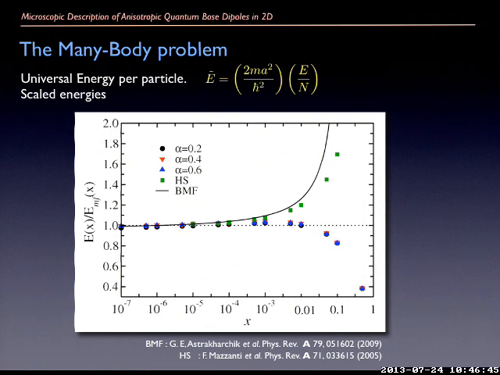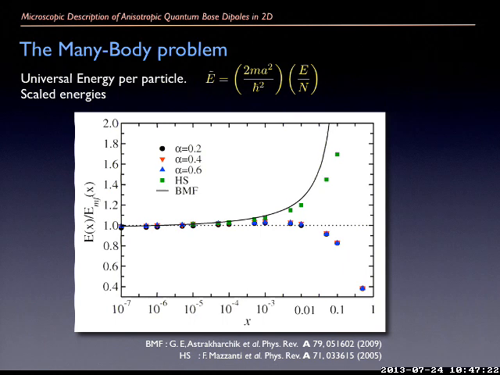This is the result for the equation of state of the system, where I plot the energy of the system divided by the mean field solution, 4 pi x over log x, for different values of polarization angle, and compare it to the equation of state that incorporates beyond mean field effects, which has been obtained by essentially Gregory in one of his papers. So this is supposed to be the universal equation of state incorporating beyond mean field effects.